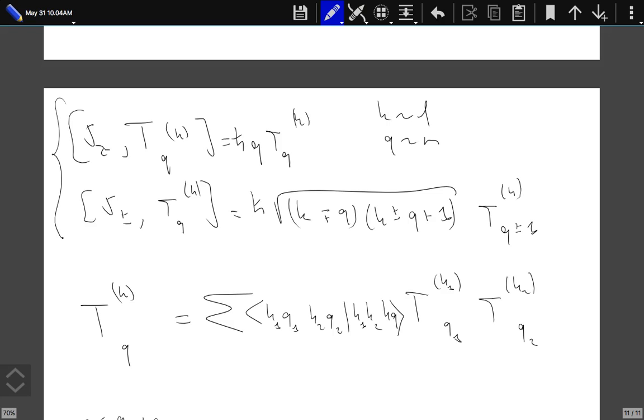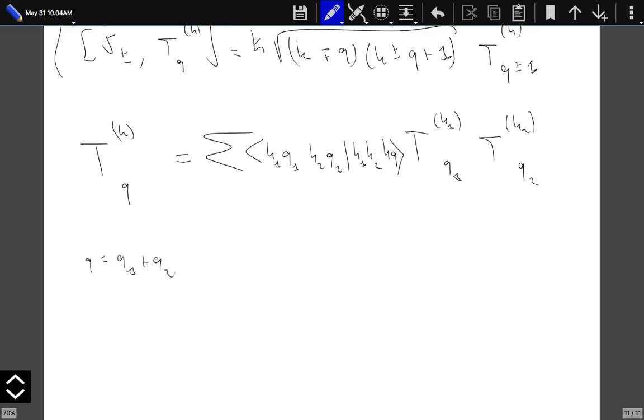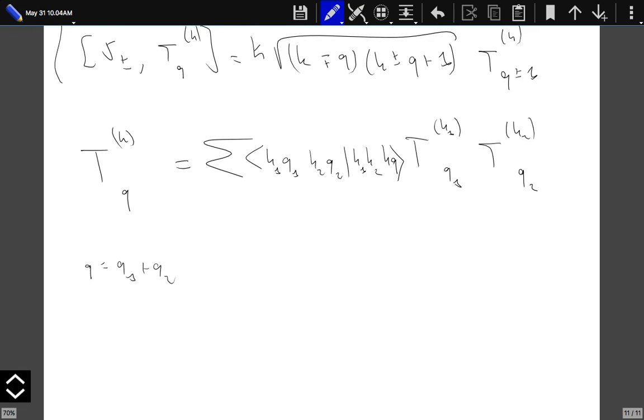Well, this is kind of obvious. Just the way you multiply the kets is the same for the operators. Now, the interesting thing will be the matrix elements of these things.